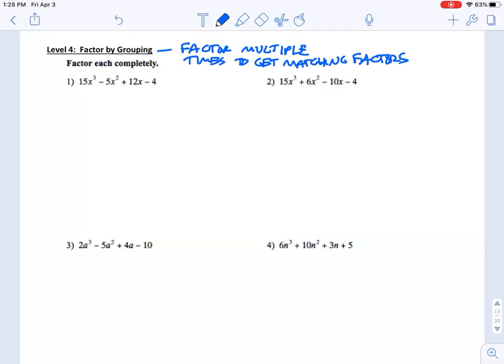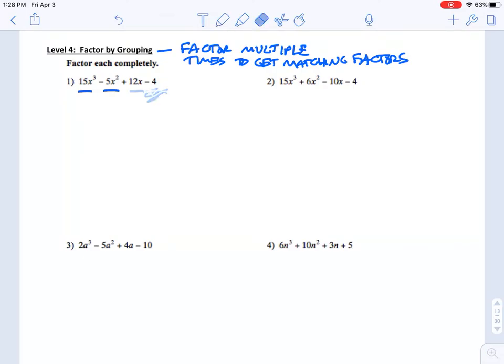Okay, so here's how factoring by grouping works. If we're looking at the whole thing, usually we're going to see 4 or more terms with grouping, but if we're looking at all 4 terms, there is no GCF. That's what we would look for first anyway, always the greatest common factor. But there is no GCF for all 4 of these.